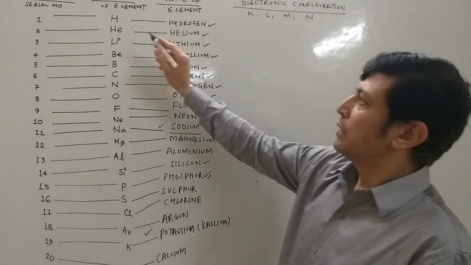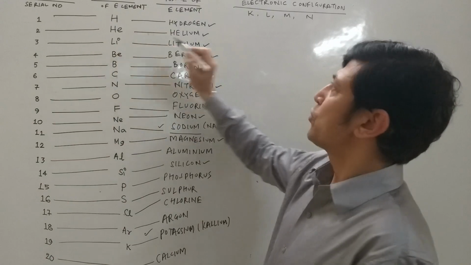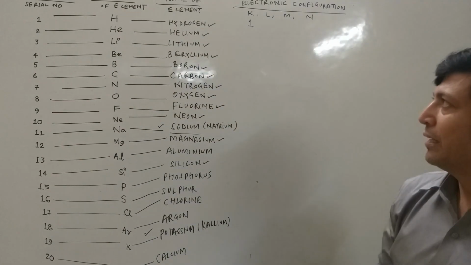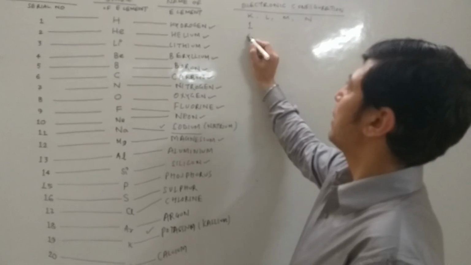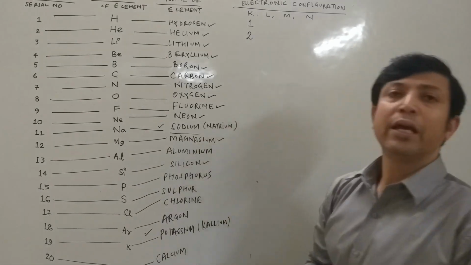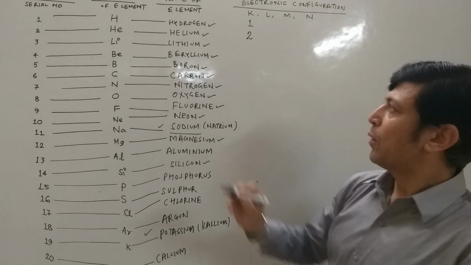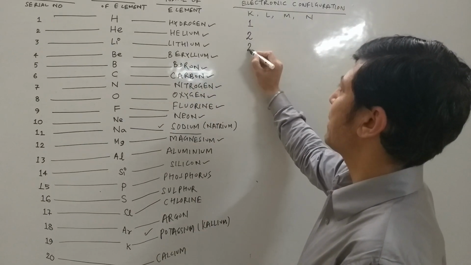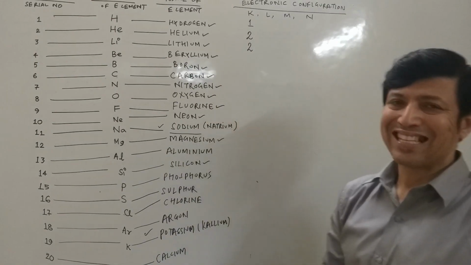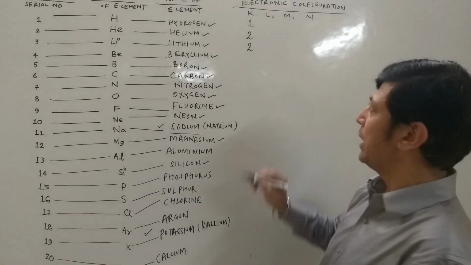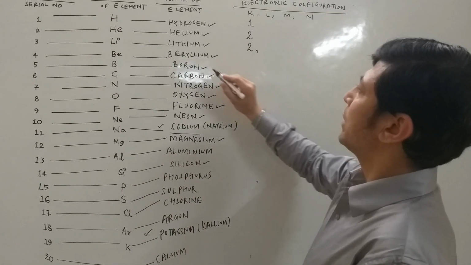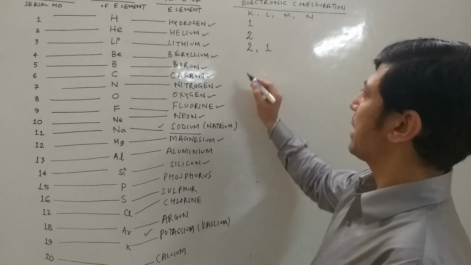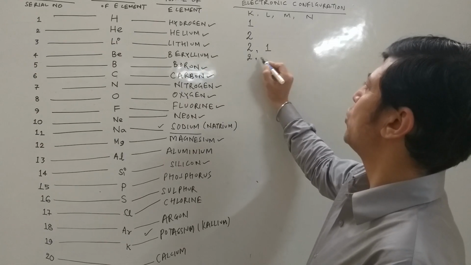The one electron of hydrogen will go to the K shell. 2 electrons of helium will go to the K shell again. Now lithium has 3 electrons. The maximum capacity of this shell is 2 electrons only, so the third electron will go to the L shell.